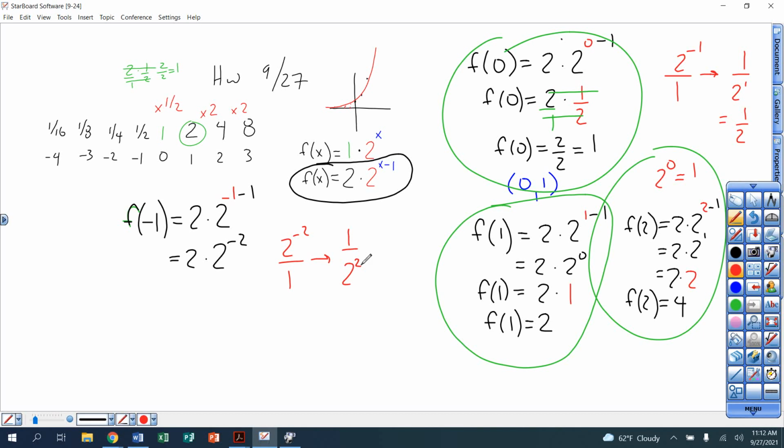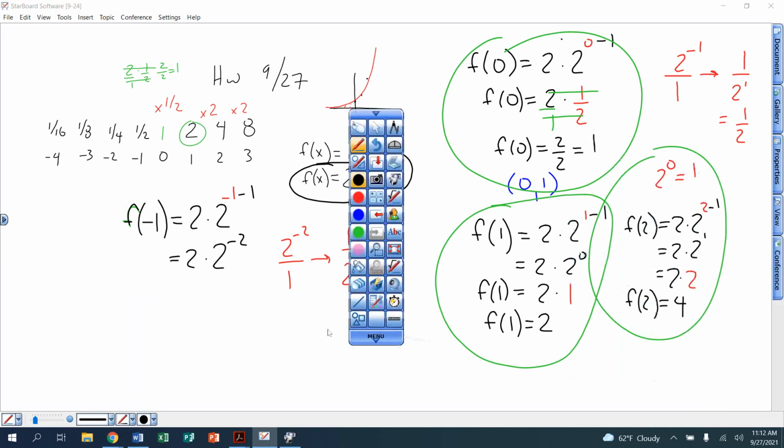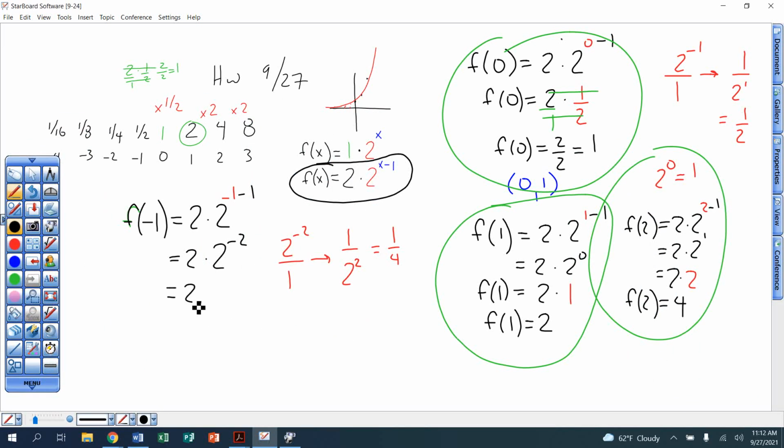So 1 over 2 to the negative 2 power is 1 over 2 squared, which is 1/4. So I'll replace that 2 to the negative 2 with the number that it really is, which is 1/4. And then when I times that 2 by 1/4, gives me 2 over 4, which is a half. So negative 1, that's the math to support why I get a half.